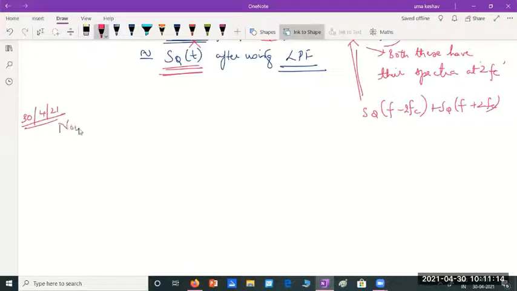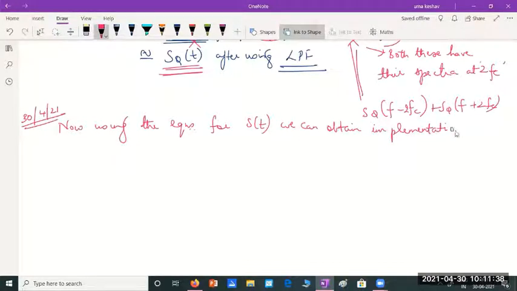Now, using the equations for S of t, we can obtain the implementation block diagram to generate Si and Sq.